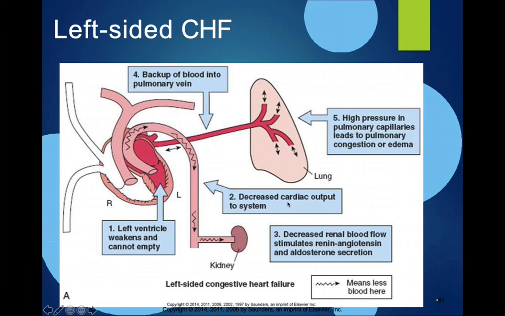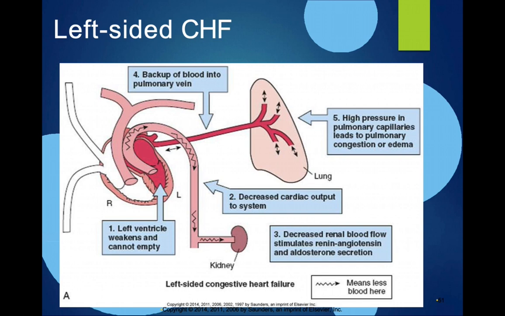You're going to have decreased cardiac output to the system. Decreased blood, decreased oxygen. Decreased renal blood flow stimulates renin, angiotensin, aldosterone secretion. So when the kidneys are receiving less blood and less oxygen, the renin-angiotensin system works where renin is released from the kidneys, which converts angiotensinogen into angiotensin 1.